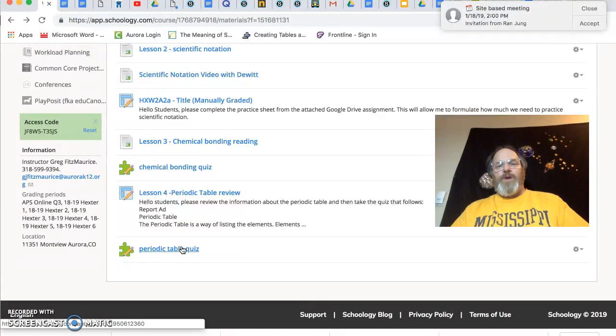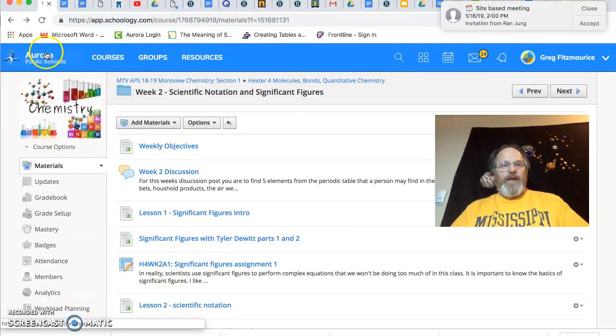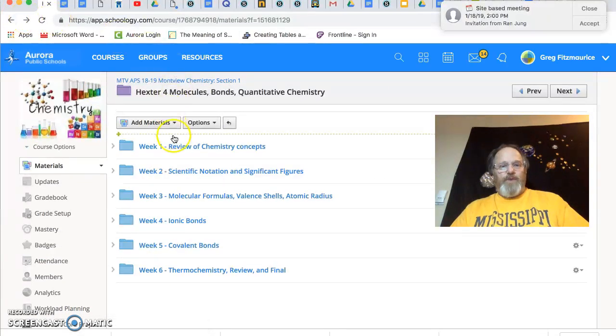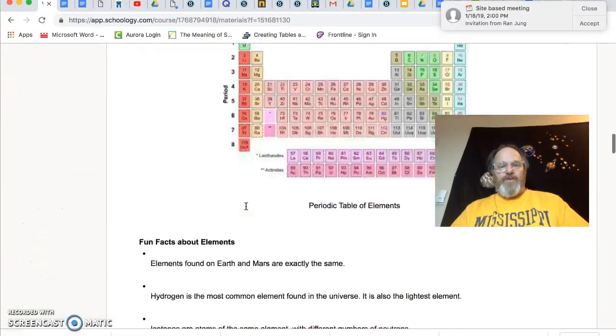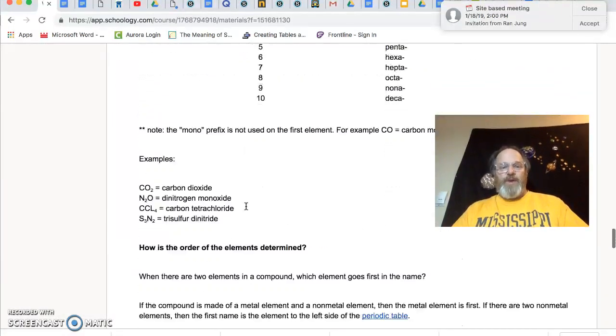Don't forget to be working on the vocabulary from week 1. Let's go back and take a quick look at that. Week 1, review of chemistry concepts. Then in week 1, there was a vocabulary assignment. It is not due until the end of the Hexter, which is 5 more weeks.